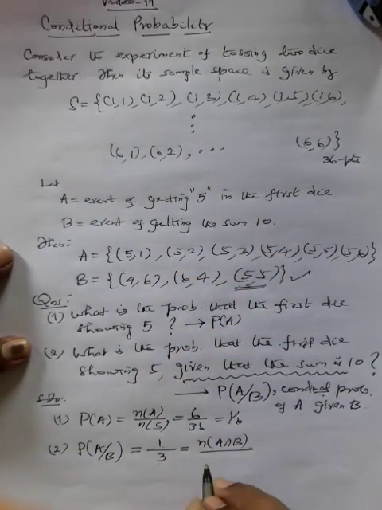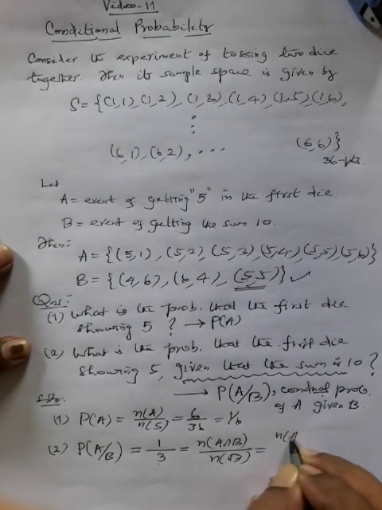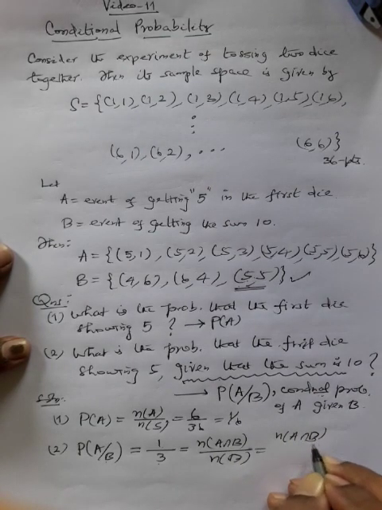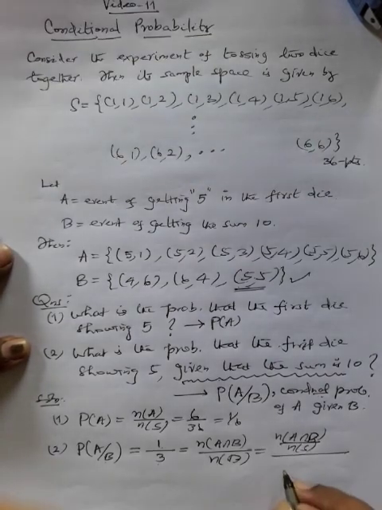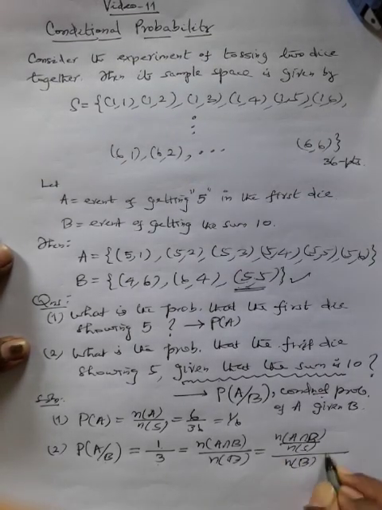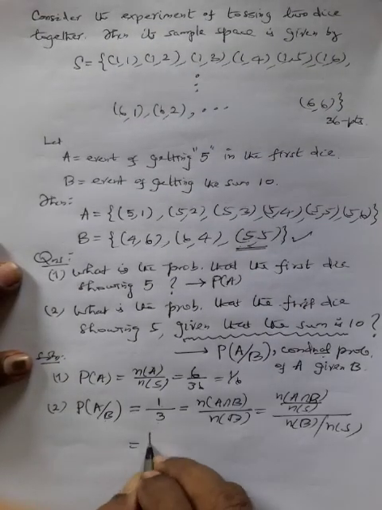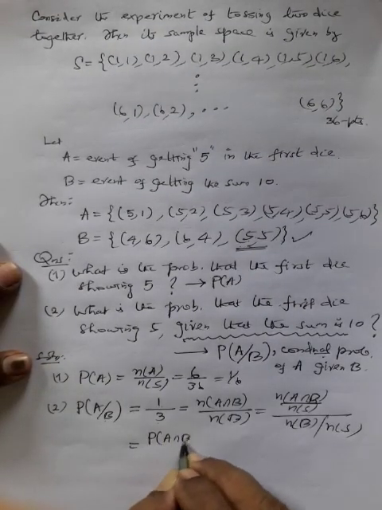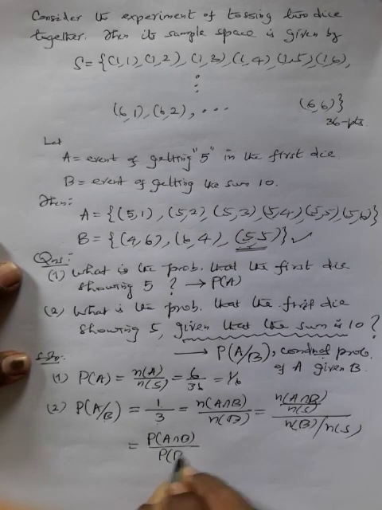This 3 is N of B. So this is equal to N of A intersection B divided by N of B, which equals N of A intersection B by N of S divided by N of B by N of S. N of A intersection B by N of S is our probability of A intersection B. N of B by N of S is probability of B.